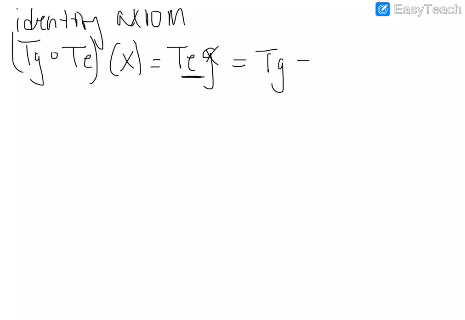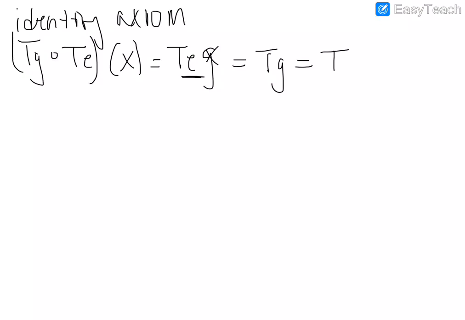Okay, let's start with the identity axiom. For the identity axiom, let's say that T_g composed with T_e, where e is going to take the place of the identity, applied to x. Now we're going to see that that is just going to become T_e x. And since e is just the identity, it's going to be equal to, not an x, that's a g, T_g.